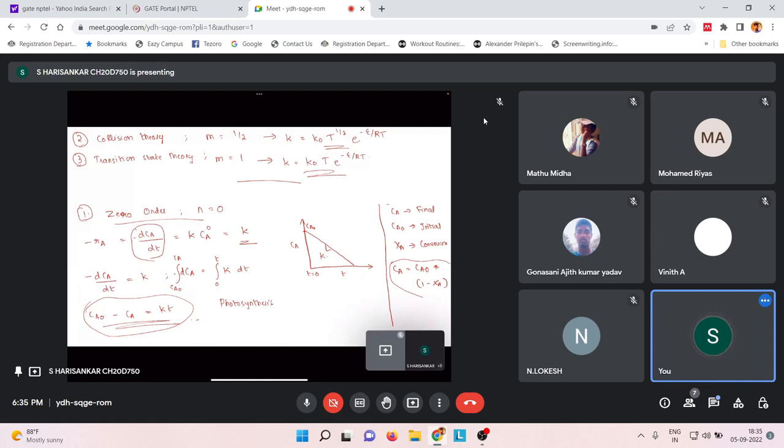So Ca will be Ca0 into the fraction of A that remains in the reactor. So this is a general correlation between the final and initial concentration with respect to the conversion. So now we can apply this Ca is equal to Ca0 into 1 minus Xa in this equation. So it will become Ca0 minus Ca, which will be Ca0 into 1 minus Xa, is equal to Kt.